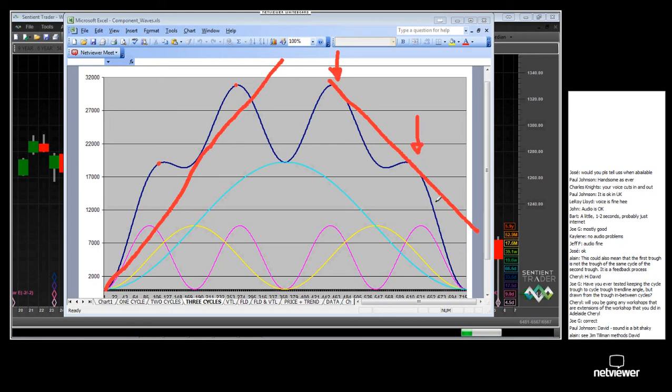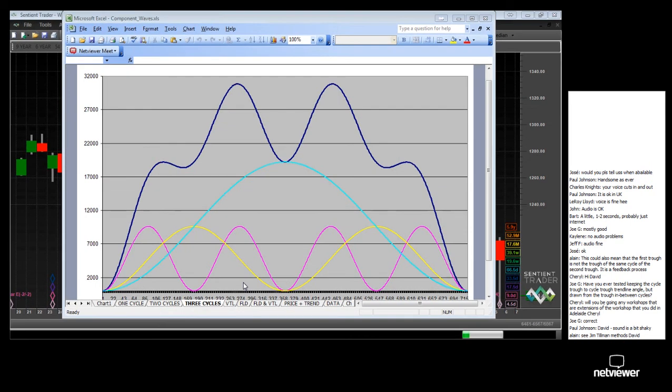I could combine these 2 peaks of the pink cycle, but that would not be a downward pointing VTL, it would be an upward pointing VTL. So the downward pointing VTL is in fact over here, where I connect this peak and that peak. Okay, this is applying exactly the same rules that we've already spoken about to an idealized price movement, so that you can see how that works.